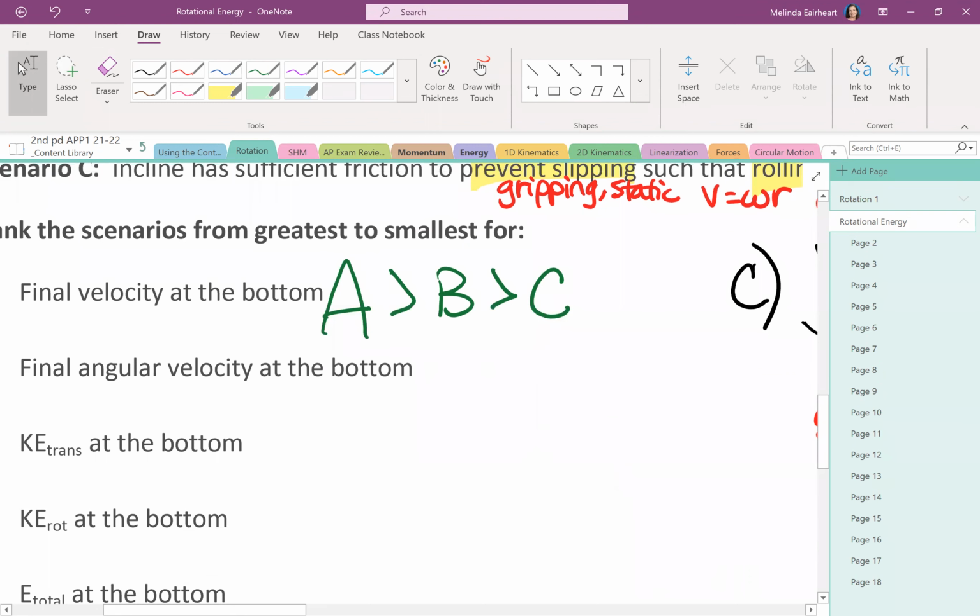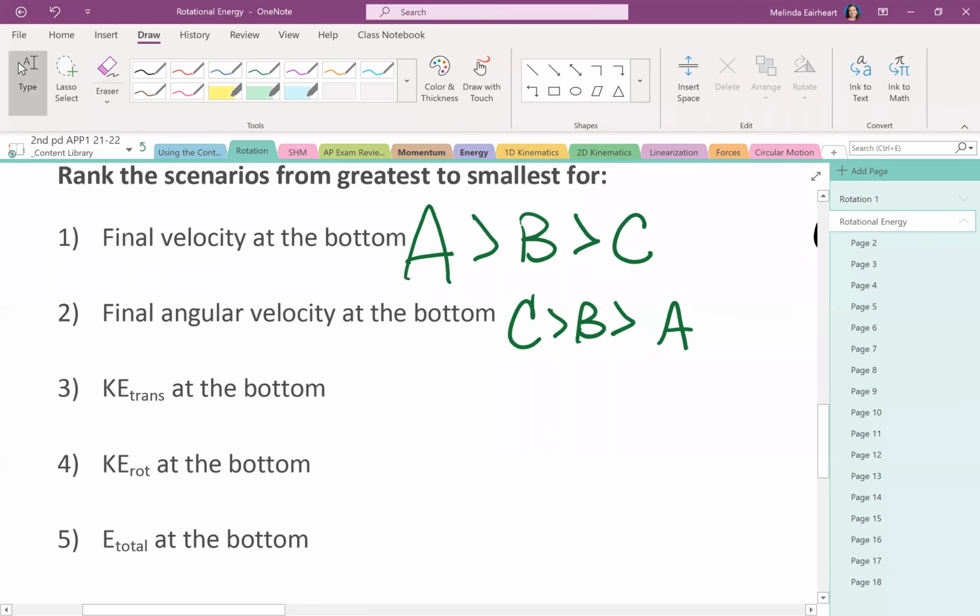What about the final angular velocity? Who's rotating the most? C. Who's rotating the least? A. Who's in between? B. Similar to those two rankings, translational kinetic. Who has the most translational kinetic?